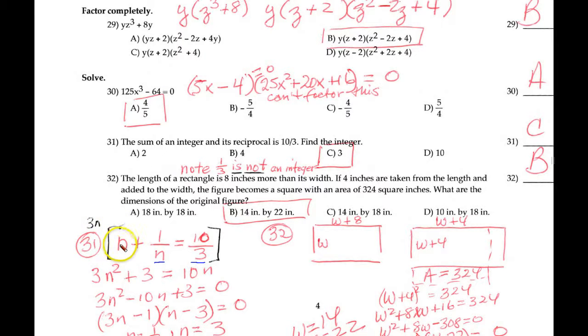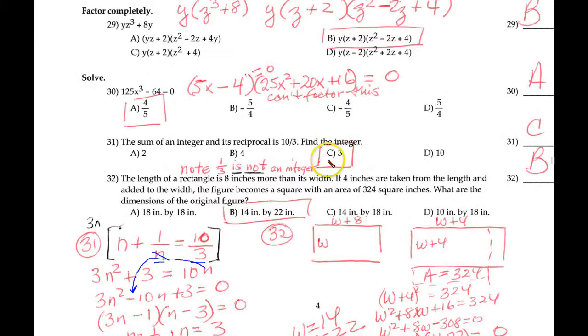So 3n times n is 3n squared. Now the n cancels out with this n, and we end up with a 3. The 3 cancels out, and we end up with a 10n. We transpose the 10n to the other side, put it in standard form, factor it, and we get n equals 1/3, n equals 3.